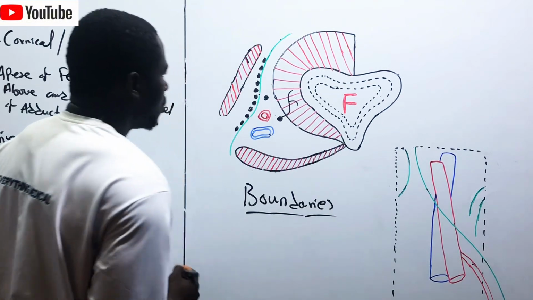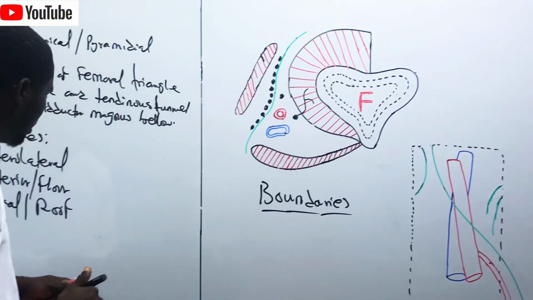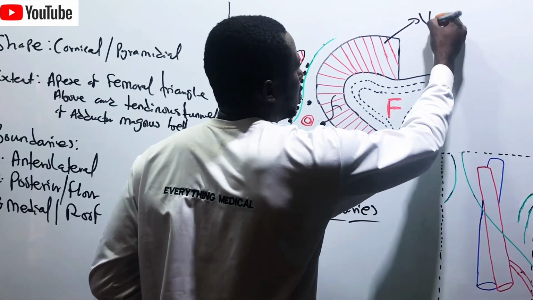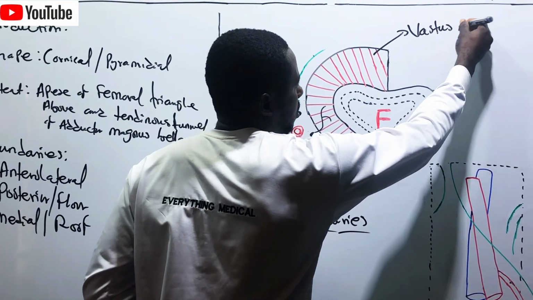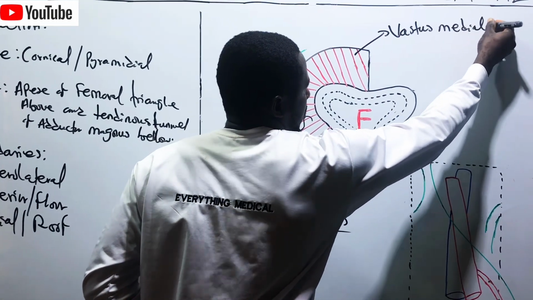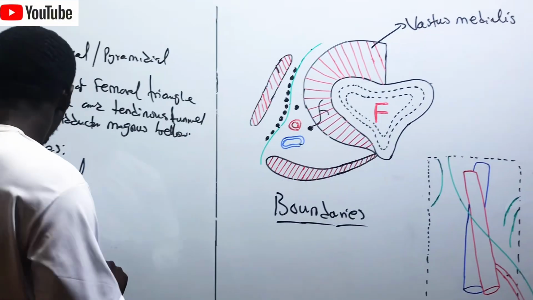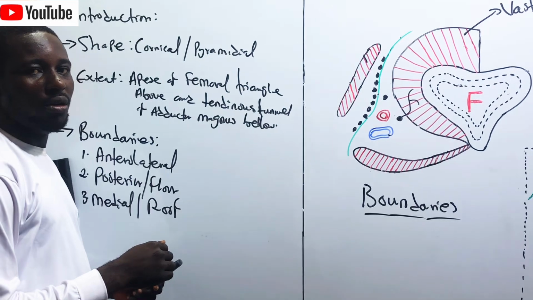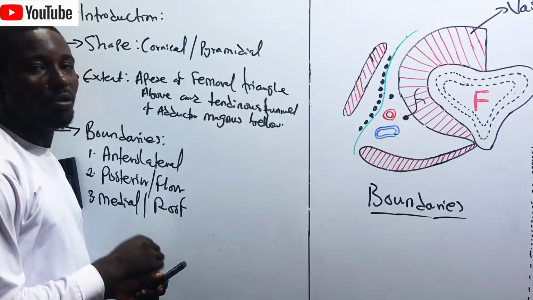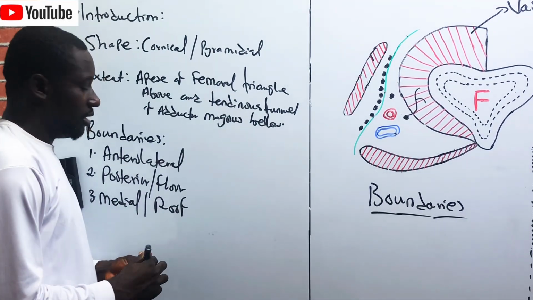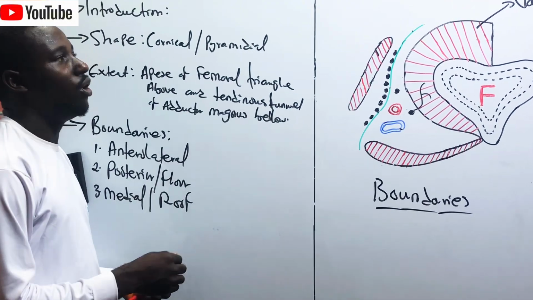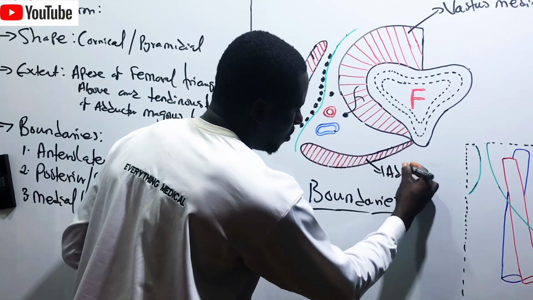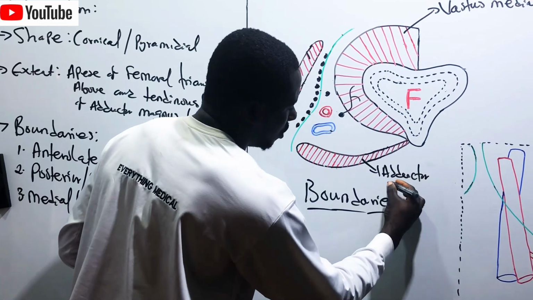Way up here is the vastus medialis. It is bounded posteriorly by the adductor longus above and the adductor magnus below. The posterior boundary is as well the floor of the adductor canal.